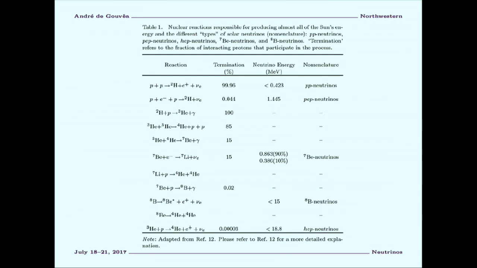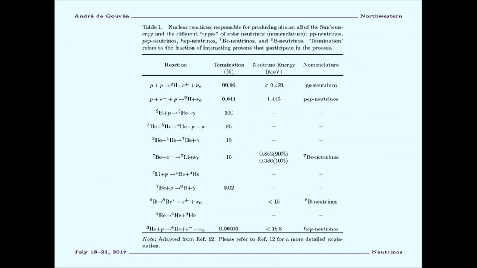Boron-8 is a highly unstable nucleus. Boron-8 decays into beryllium-8, which is again highly unstable, but that part we don't care about, and then a positron and an electron neutrino. And the main point is, throughout this entire process, you are producing a lot of electron neutrinos. By the way, they're not electron antineutrinos, they're electron neutrinos, and that's easy to understand because the sun is proton rich.